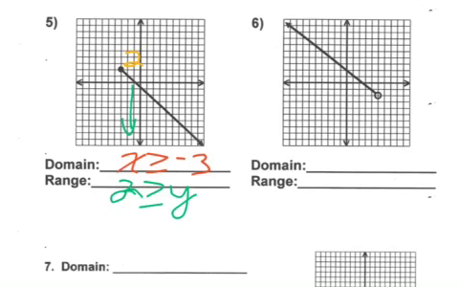And you could also, of course, write y is less than or equal to 2. Either one of those would work. That's the range. Domain is x, range is y. Solid dot, use the less than or equal to, greater than or equal to. If it's an empty circle, then we just use greater than or less than.